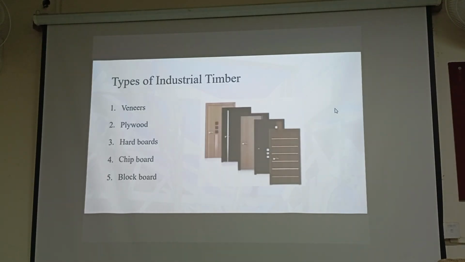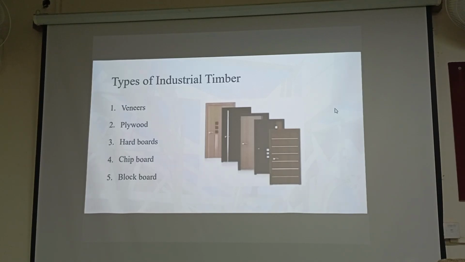Veneers are small thin layers of wood which are cut through rotary cutters, and plywood is made through stacking different layers of veneers, and hardwood is made by thermal compaction of the plywood, and chipboard is made from raw sawdust.